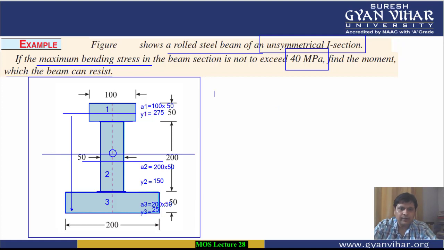Then how will we calculate the value of Y bar? Y bar will be equal to, as the formula says, A1 Y1 plus A2 Y2 plus A3 Y3, divided by A1 plus A2 plus A3.